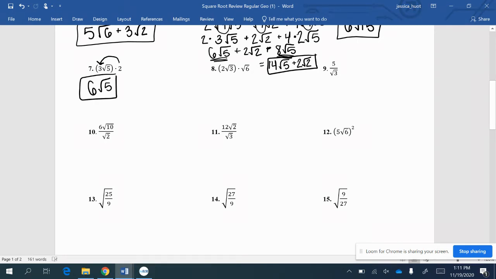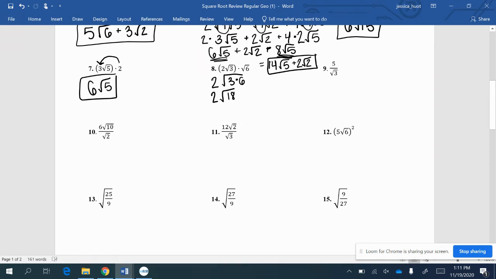Now, on the opposite for number 8, if I'm multiplying by a square root, I can only multiply my square root by that 6. So 2 times 3 times 6, which is 2 times 18. Can 18 be simplified?